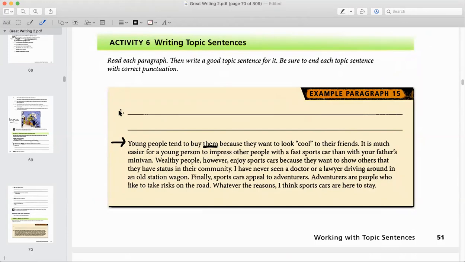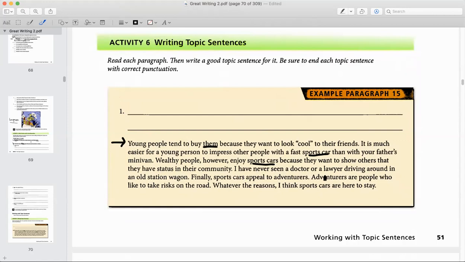Minivan. Okay, so now I have an idea about what this might be about, but I'm going to read the next sentence first just to double check. Wealthy people, rich people, however, enjoy sports cars because they want to show others that they have status in their community. Okay, so I see sports car here and I see it here.